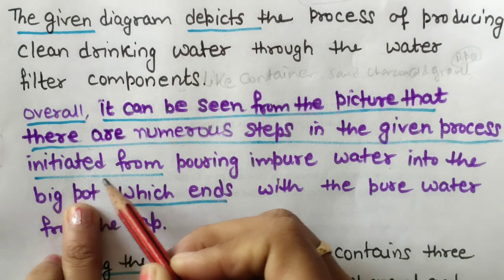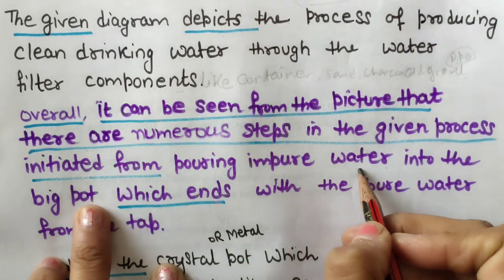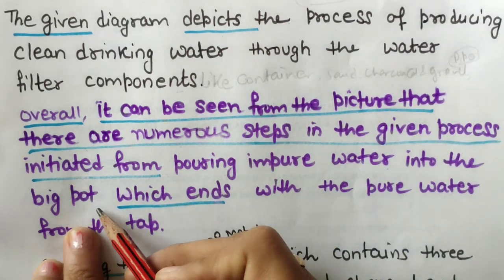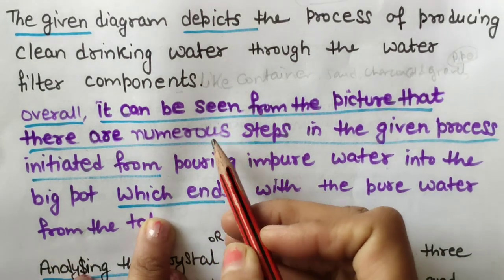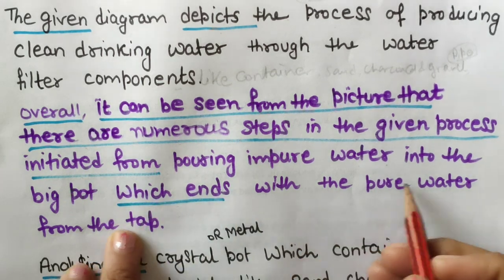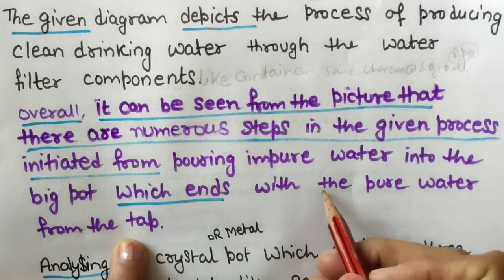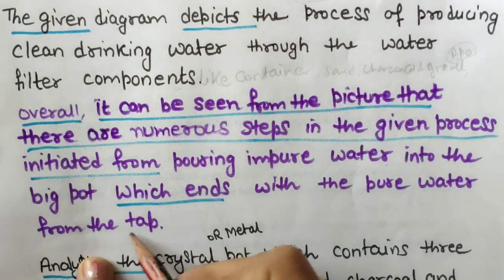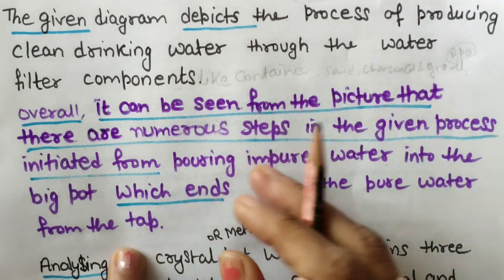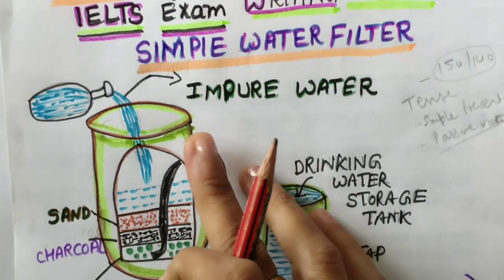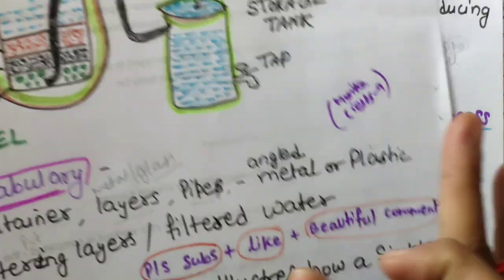Initiated means beginning from pouring impure water into the big pot or container. You can write which ends, the same sentence structure you can write for any process diagram, which ends with the pure water from the tap. So that I have given for the overall statement. You can give overall what we can see, pouring of impure water into the container and ends with the tap, means tap drinking water. So this is overall.